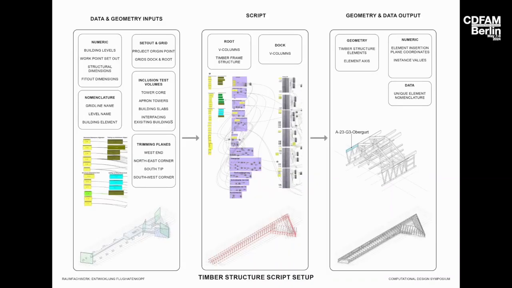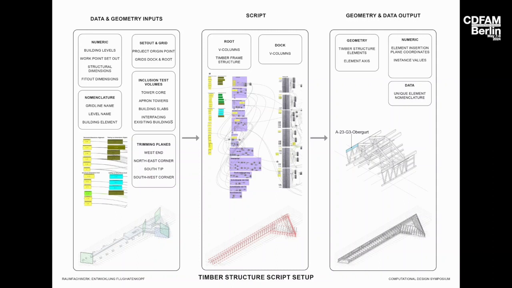I would like to speak about the timber structure script a little bit. So this is like a major part of the project because it's not just being defined by the overall massing and the grid, but in return it's also defining the interior and the fit out.